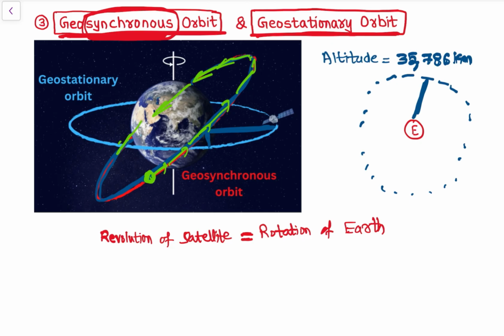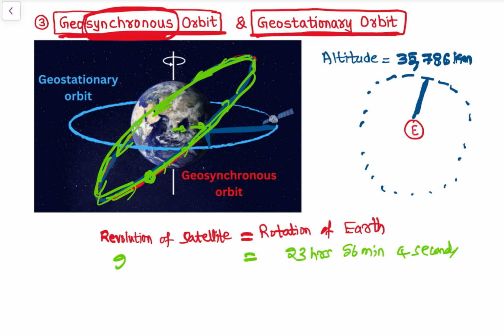As the satellite moves, the earth also rotates. The rotation of the earth takes 23 hours 56 minutes 4 seconds, and the revolution of the satellite, the time it takes to complete one round, is also 23 hours 56 minutes 4 seconds.